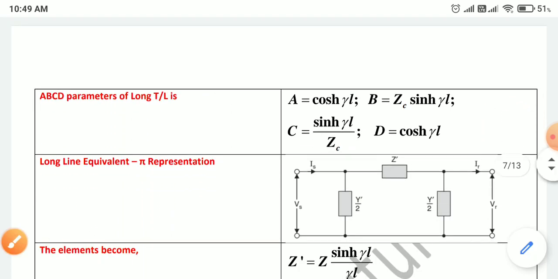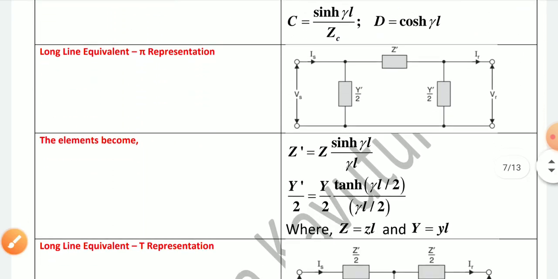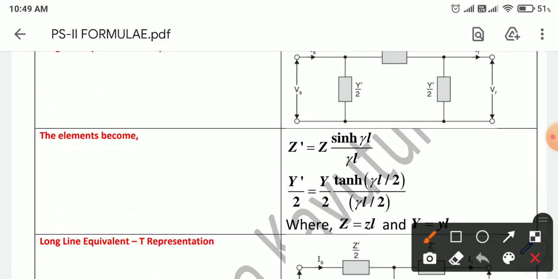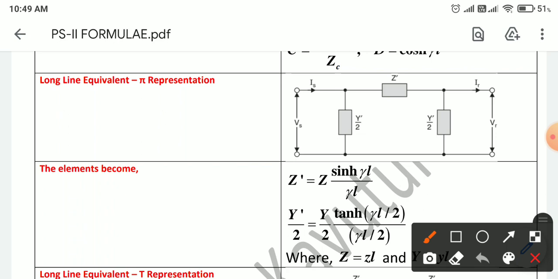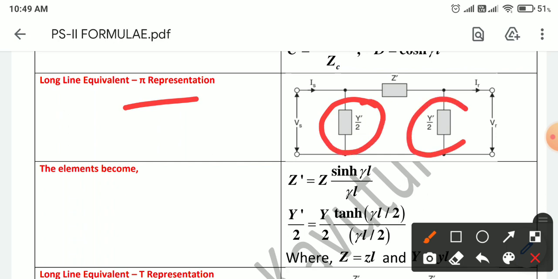That value is 1. Next, the long line equivalent pi representation. This is the representation of the equivalent pi, and the equivalent T will be shown later. In the equivalent pi representation, as mentioned in the previous case, the shunt part is divided equally in half: Y dash by 2 and Y dash by 2, and the impedance is Z dash.